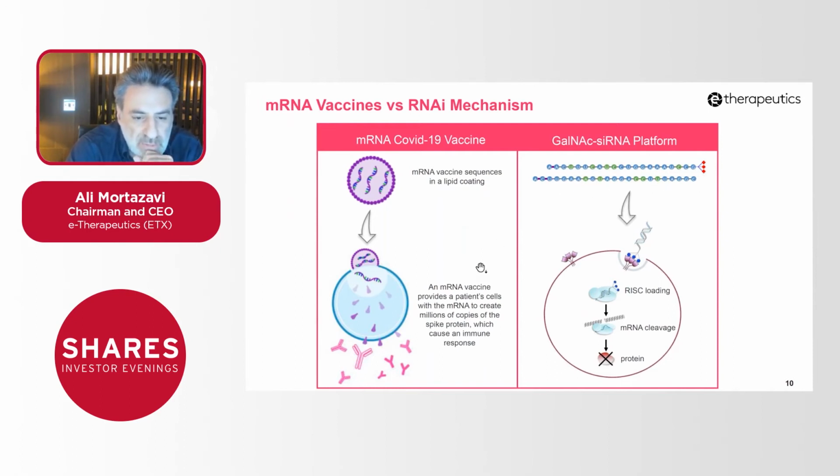The second component is that once it's successfully introduced to a cell, the genetic sequence is processed by the cell itself. So the drug-like effect is actually created in your cell by the cell itself.